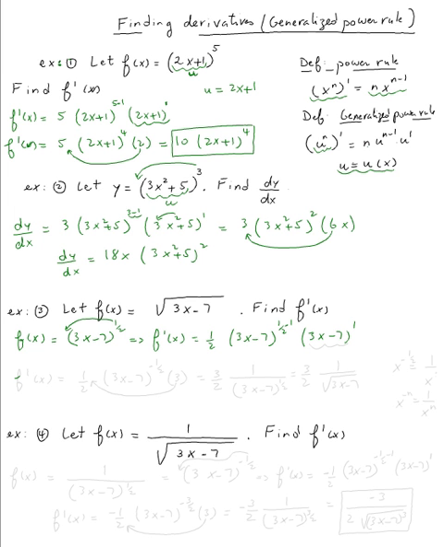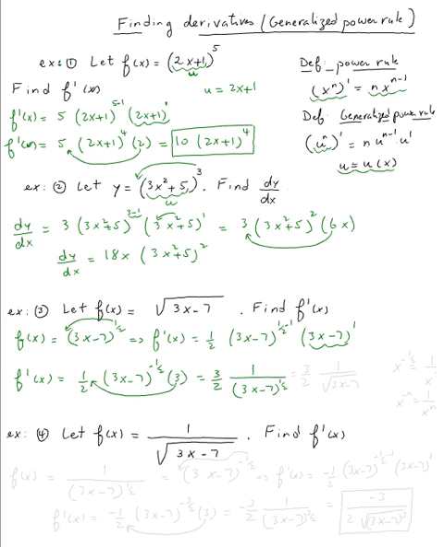Now f prime of x is equal to 1/2, and then (3x minus 7) to the 1/2 minus 1, which is negative 1/2, and the derivative of 3x minus 7 is just 3. Now I'm going to multiply 3 by 1/2, so it's going to give me 3/2. And then I'm going to write (3x minus 7) to the negative 1/2 as 1 over (3x minus 7) to the 1/2.